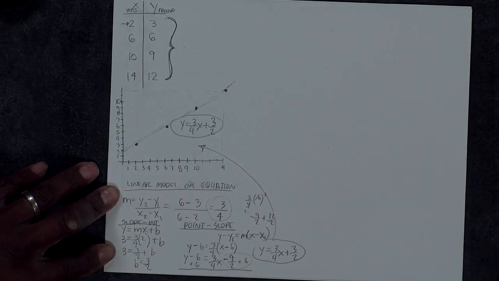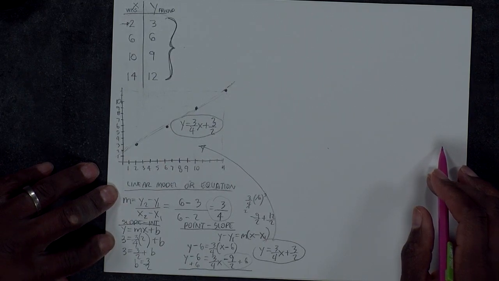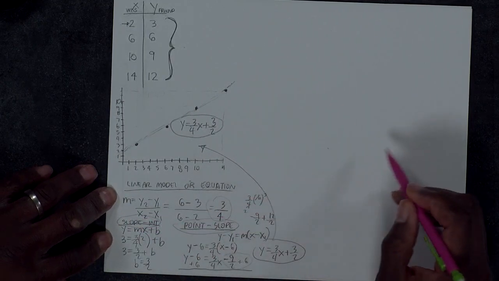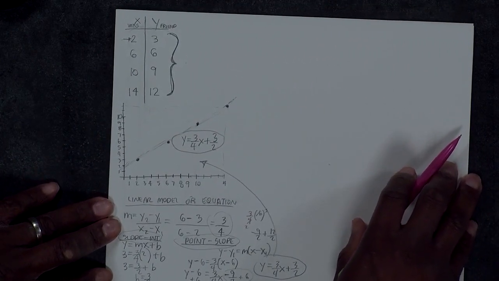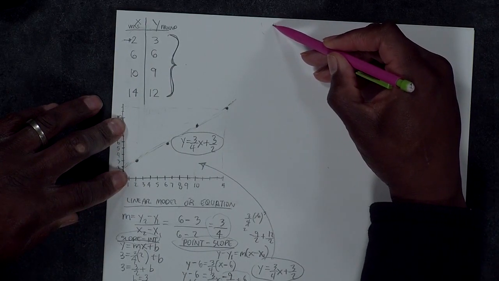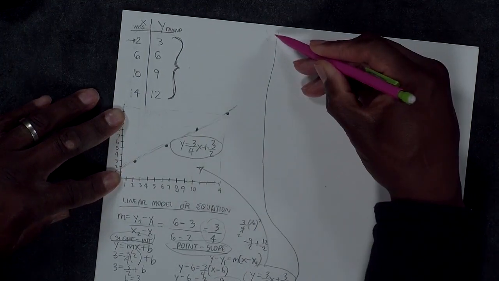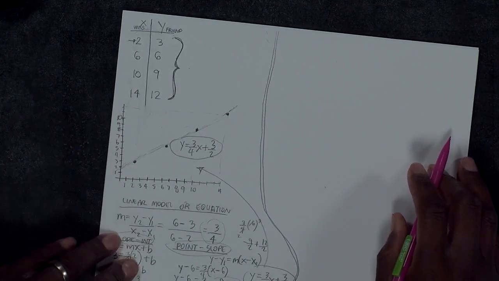So we obtained the linear model, or equation, in two ways using two different forms: the slope-intercept form and the point-slope form. That's the kind of thing that we did last week. So let's look at a slightly different example that's more realistic, more of what we could see in real life.